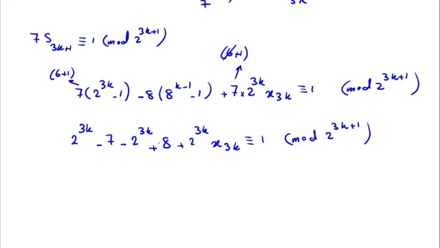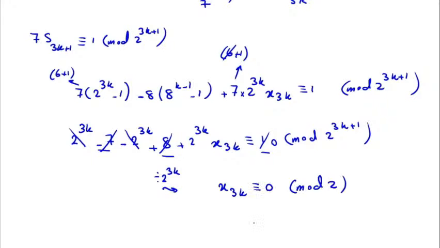By 8 minus 7 is 1, this one, this one will be cancelled. And if we divide both sides by 2^{3k}, it will be 1. We can also cancel 2^{3k} and negative 2^{3k}. And it will be 0 because we subtracted these things. If we divide both sides by 2^{3k}, x_{3k} is congruent to 0 mod 2.